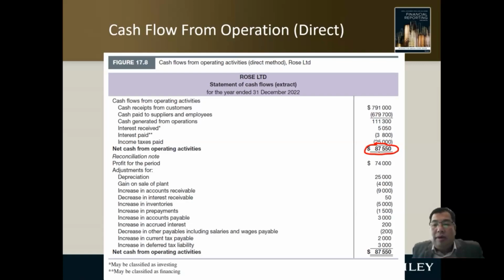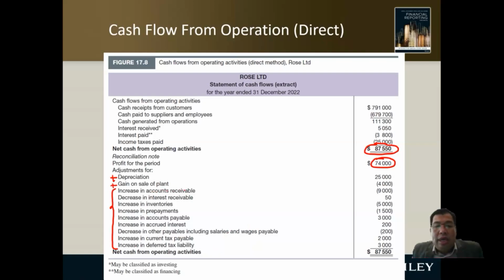Another way to come up with this figure is by using these reconciliations based on the profit for the year, where you go back from the profit of 74,000 and then adjust for depreciation. Add back depreciation, which is a non-cash item, plus gain on sale, also a non-cash item, and record any increase or decrease in your current assets and also current liabilities.